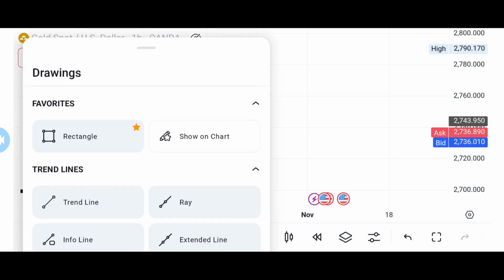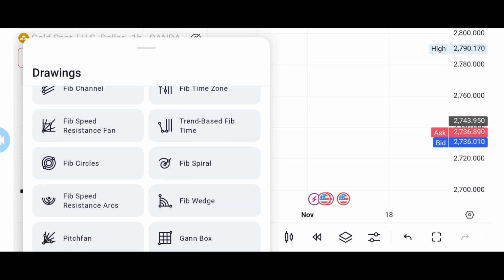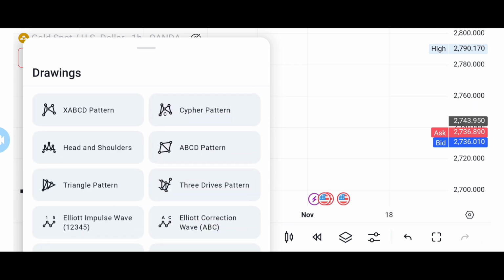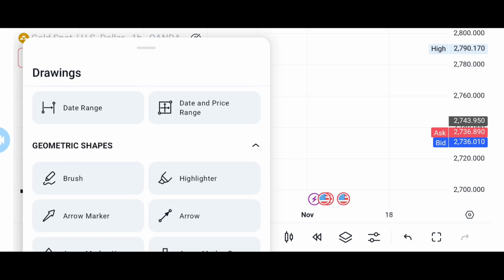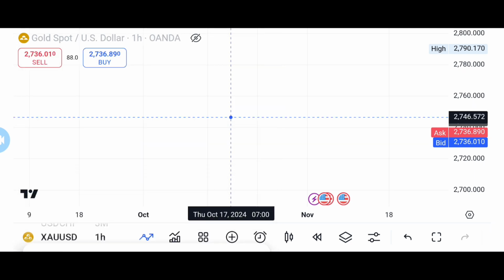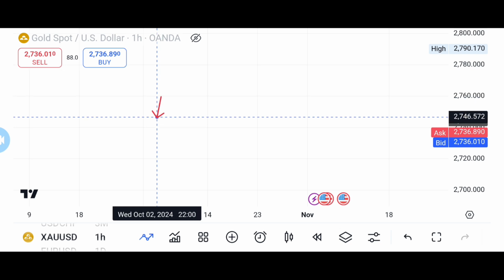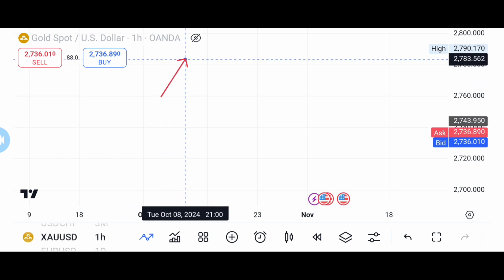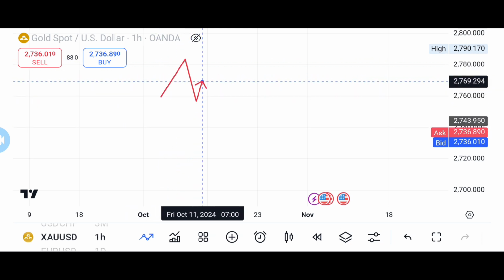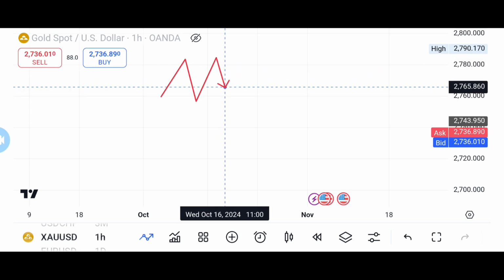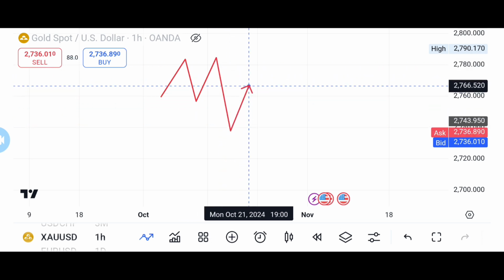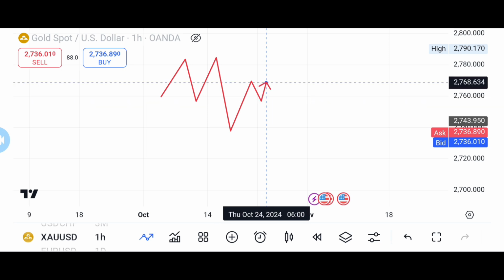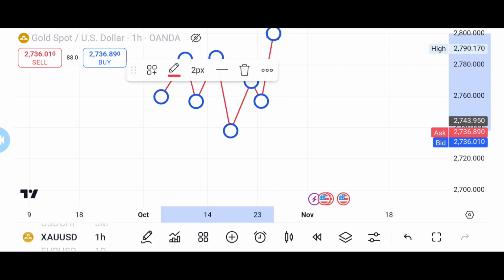I'll be showing you how the double top can change to be a W. I'll be showing you how this double top can change to be an inverse head and shoulder. I'll be showing you all these things.